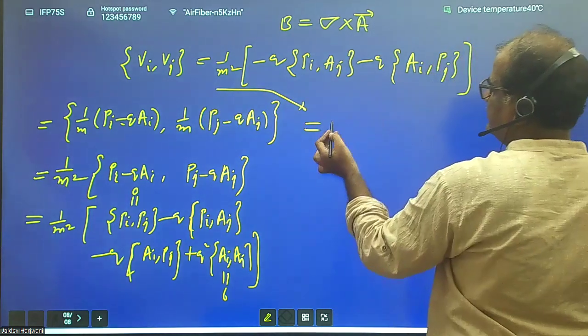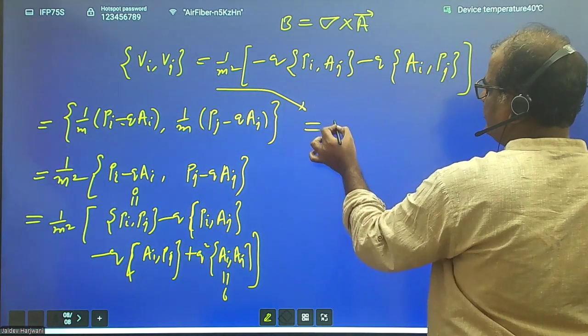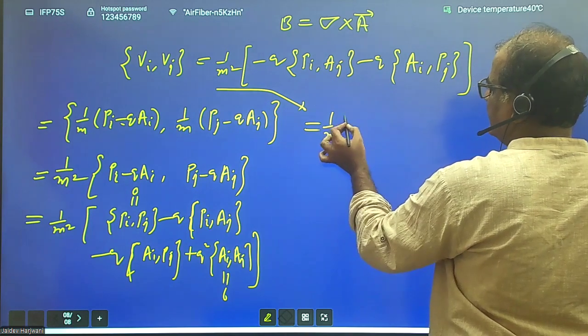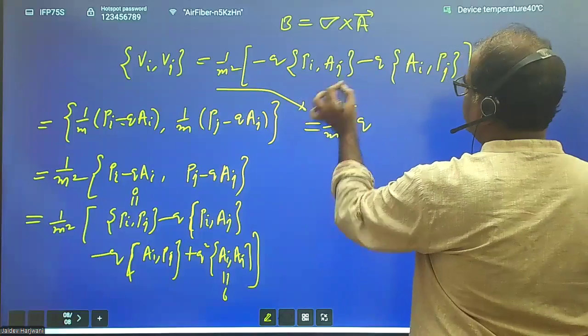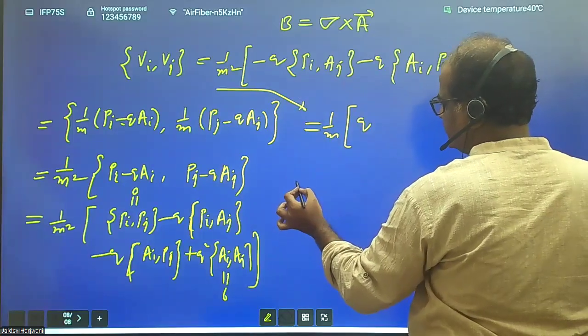So minus q, let me keep the q inside, and let me find the values of these two curly brackets.